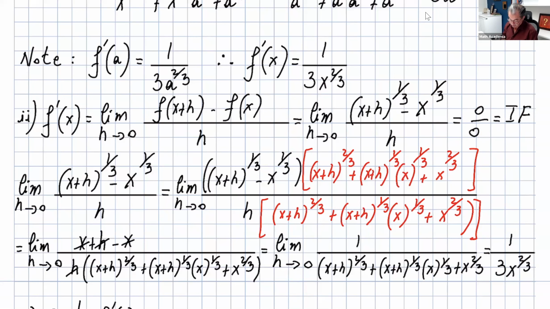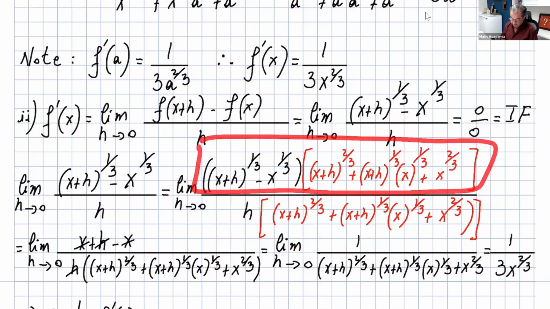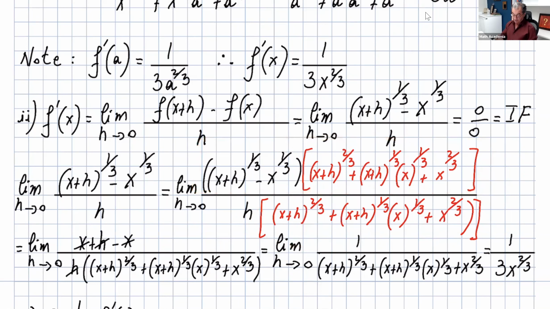What you can do is multiply top and bottom by x plus h to the power of 2/3 plus x plus h to the power of 1/3 times x to the power of 1/3 plus x to the power of 2/3. Same thing to the denominator. But that expression, again, is the factor of the difference of two cubes, so this is our a, and this is our b.